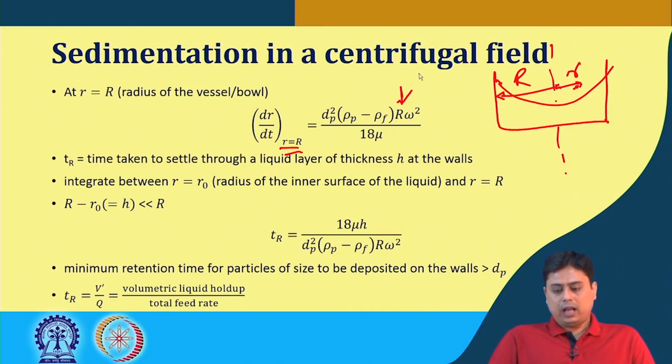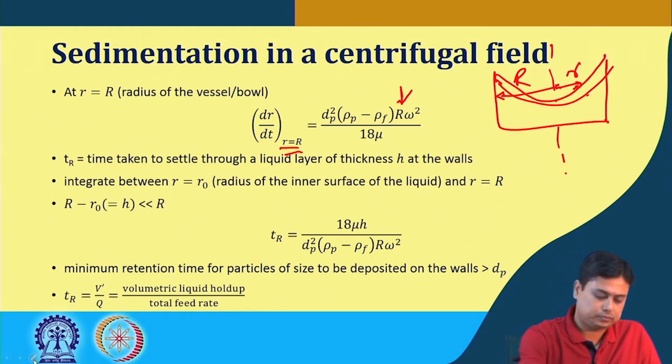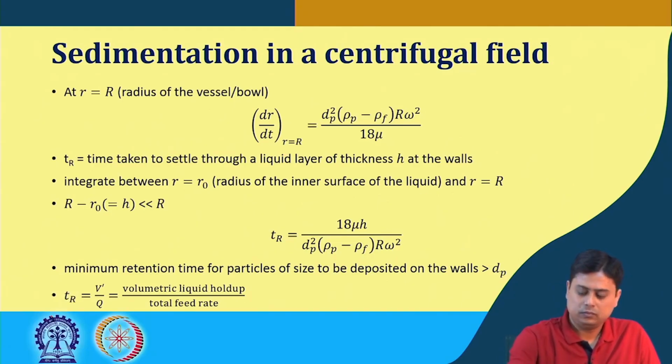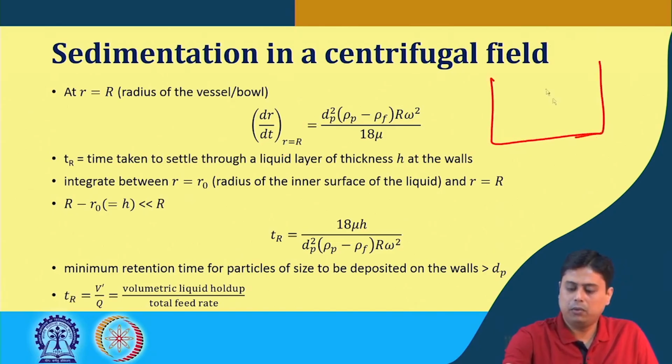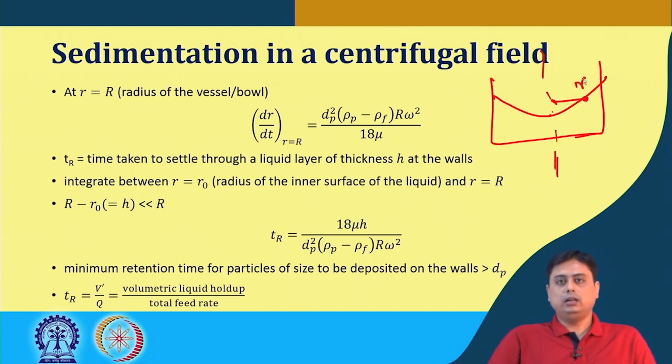So, if we now think of a scenario that this is now basically the particle here, if this is my rotating bowl rotating in this axis and this free surface takes this form and the particle on this surface is r.